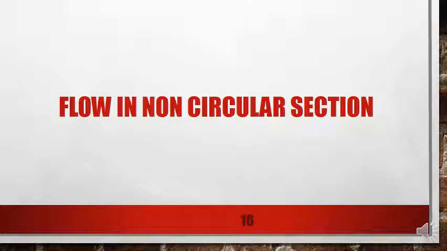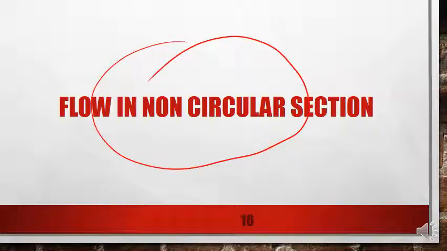Last but not least, we come to the last part in this chapter, which is flow in a non-circular section. What does flow in a non-circular section mean? Before this, we kept determining the Reynolds number of the flow, rho v d divided by mu, and that is for a circular section.